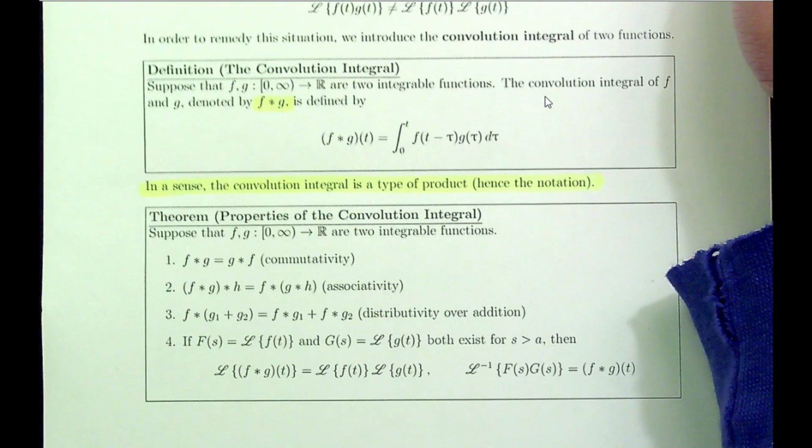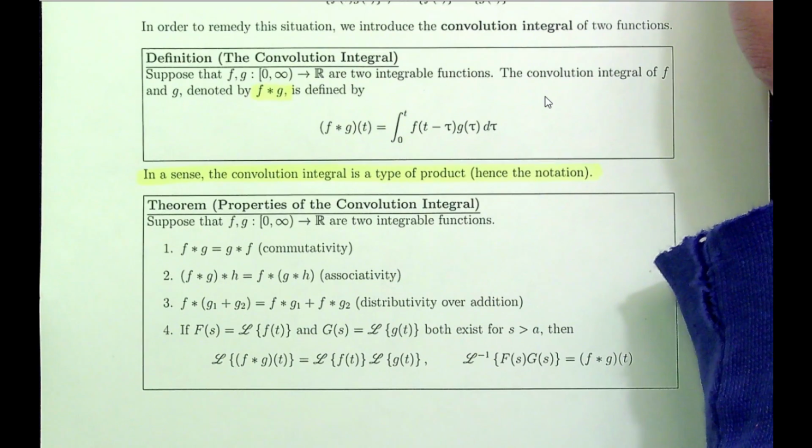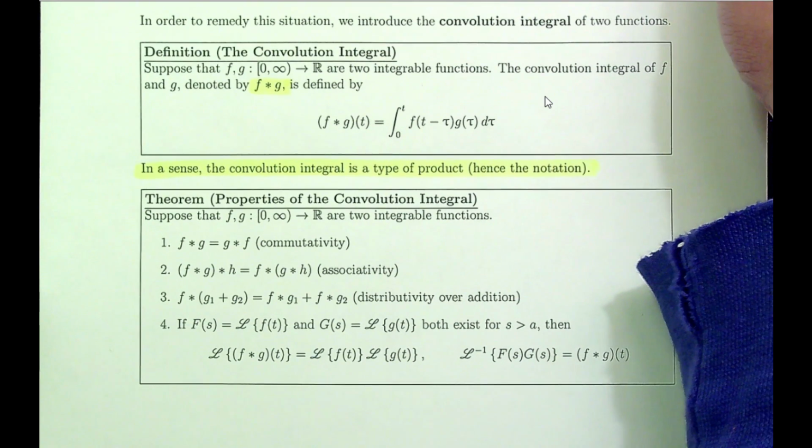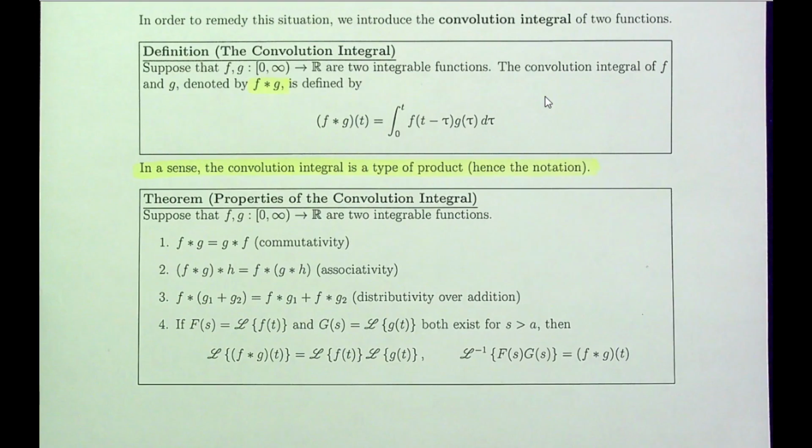All right, so here are the properties of the convolution integral, and all these properties follow rather easily from the properties of the integral or from some other simple trick like the u substitution. They're all really easy. You can figure them out on your own.